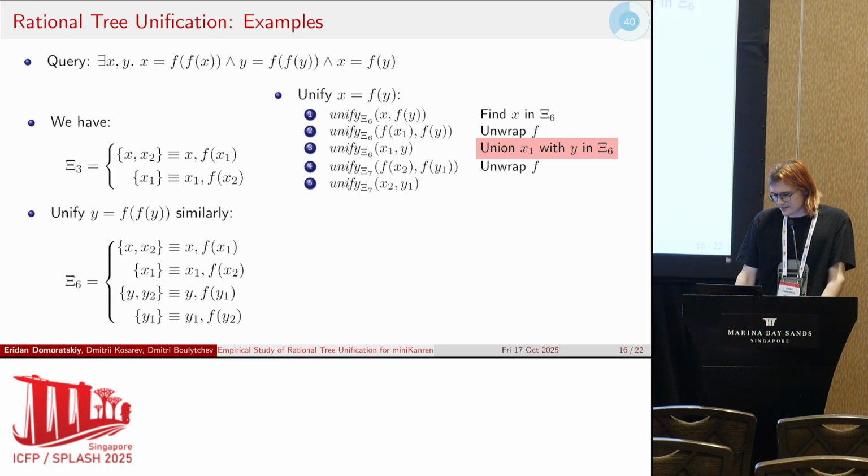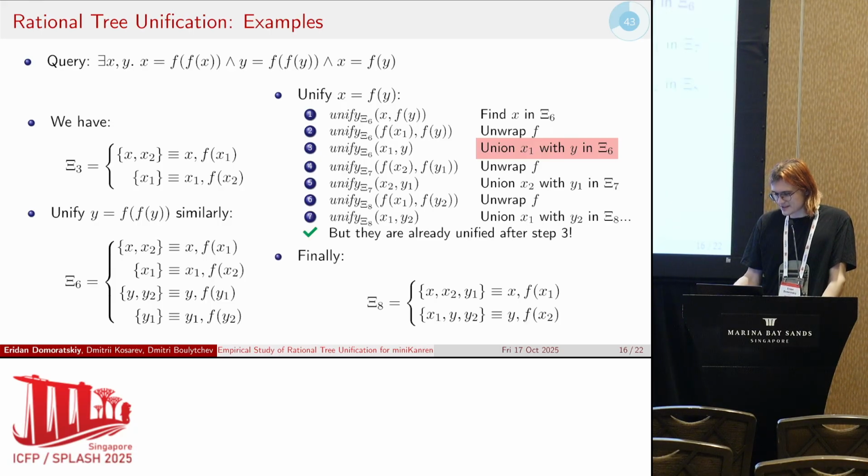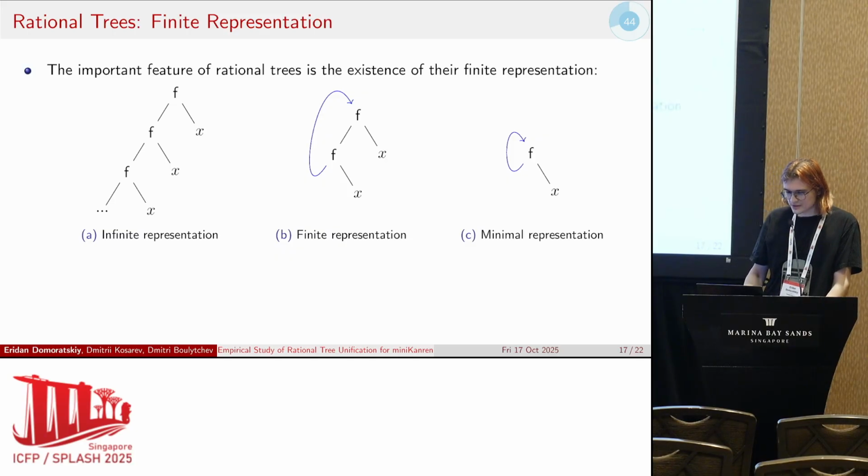Now we just unwrap, union, unwrap, union, but we don't need to union anything here because x1 was already unioned with y, which was already unioned with y2. Okay, I think we may continue.